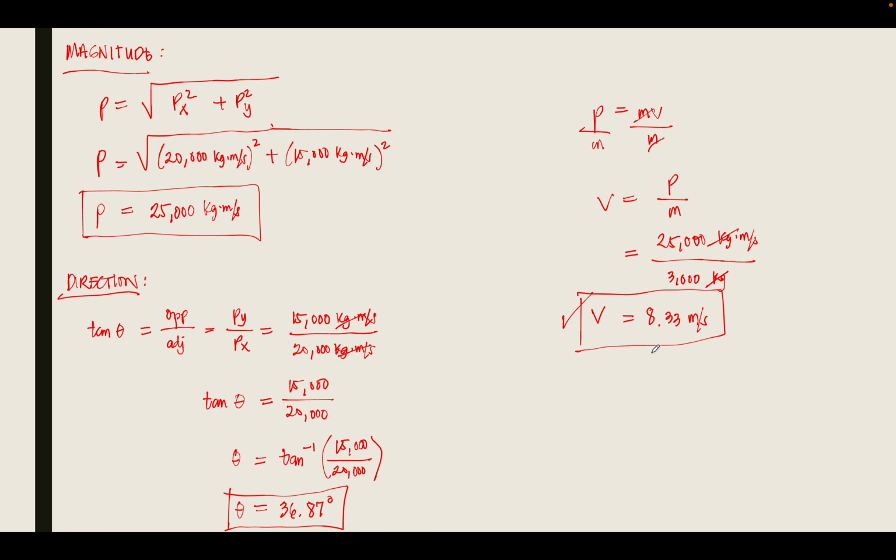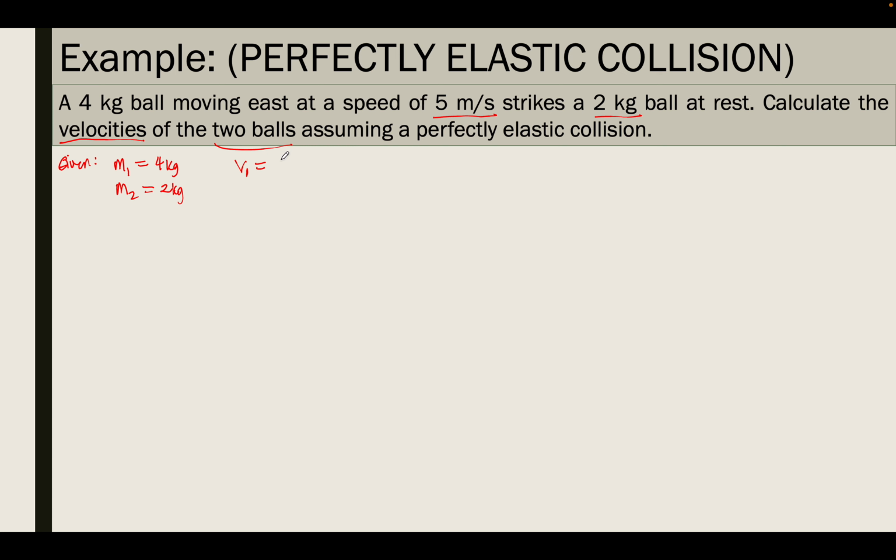Okay, so for our given, let's have m sub 1 as our 4 kilogram ball. m sub 1 is 4 kilograms. And then our m sub 2 is the 2 kilogram ball. And then we also have the initial velocity of the 4 kilogram ball, which is moving east at a speed of 5 meters per second, or positive 5 meters per second.